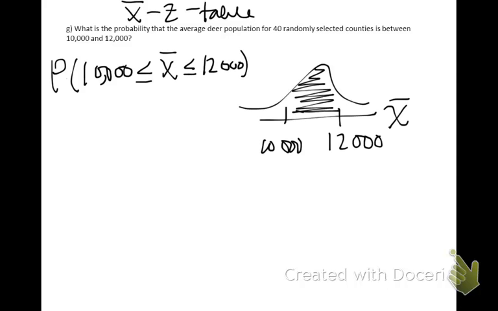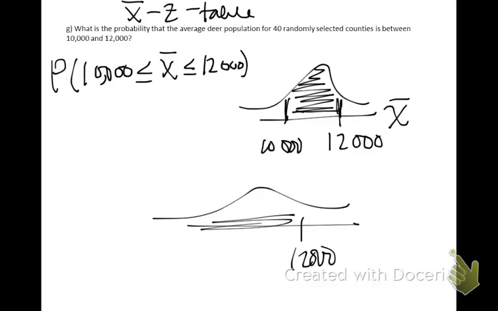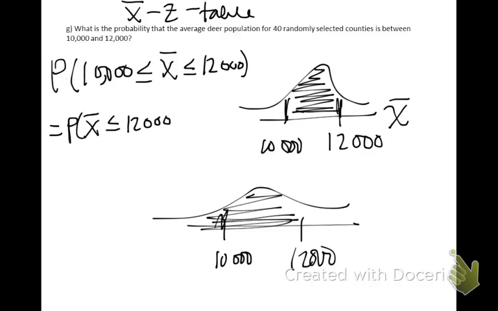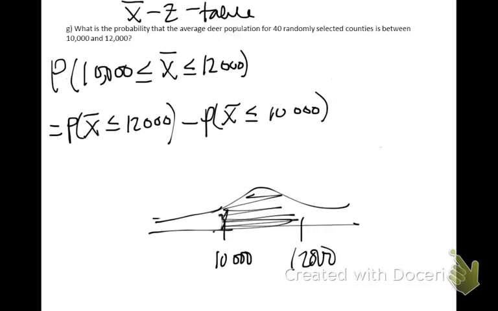On the X-bar curve, we're looking for this shaded region. To look this up in the z-table, you're going to have to find the probability of being at 12,000 and smaller, and then subtract out the probability of being at 10,000 and smaller. When you subtract this part off, it leaves over the central portion that you wanted to find.